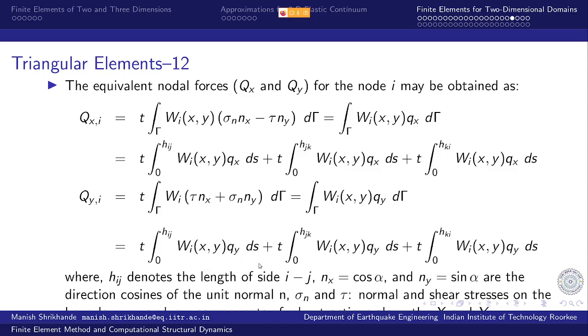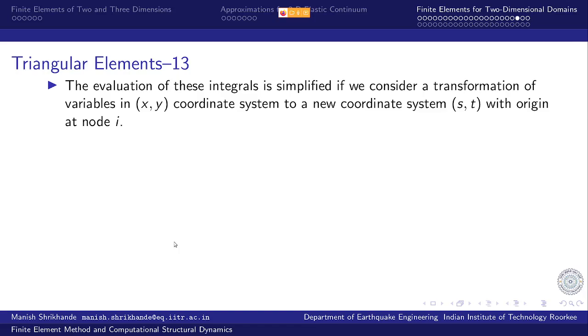Then x and y can be transformed in terms of s and t, and then t is substituted to be 0 in each of these elements, and then we have a single variable in terms of s ranging from 0 to the length of the element, right?